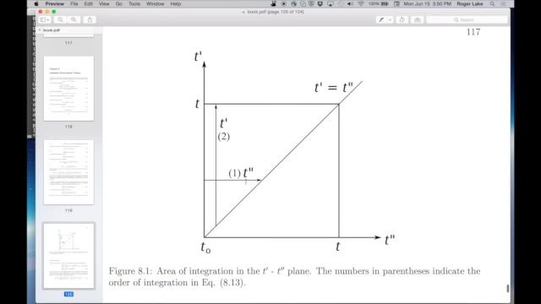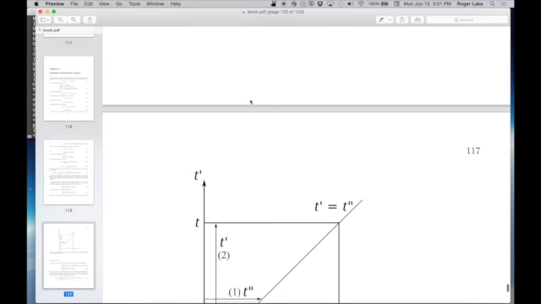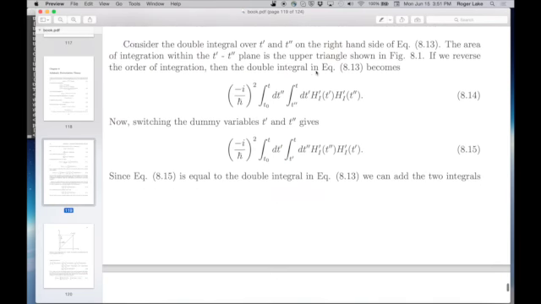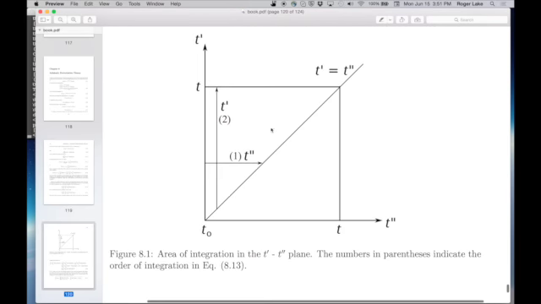And this diagonal line is when t prime equals t double prime. And then at each time I integrate t prime up to t here. All right, so this is what we're doing, and this is the way the integral is set up.